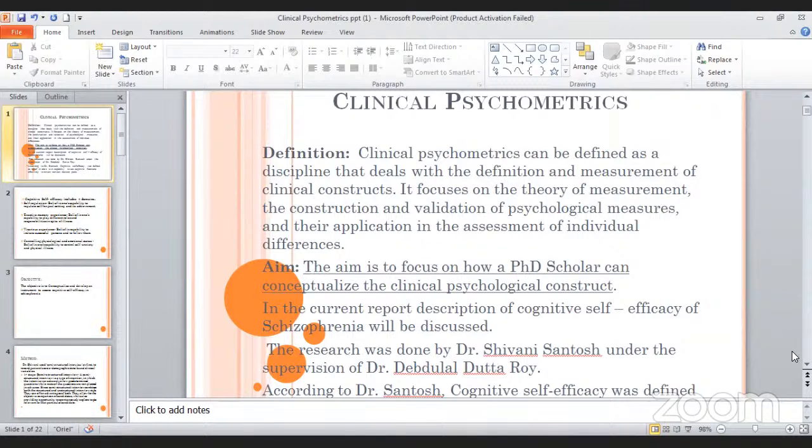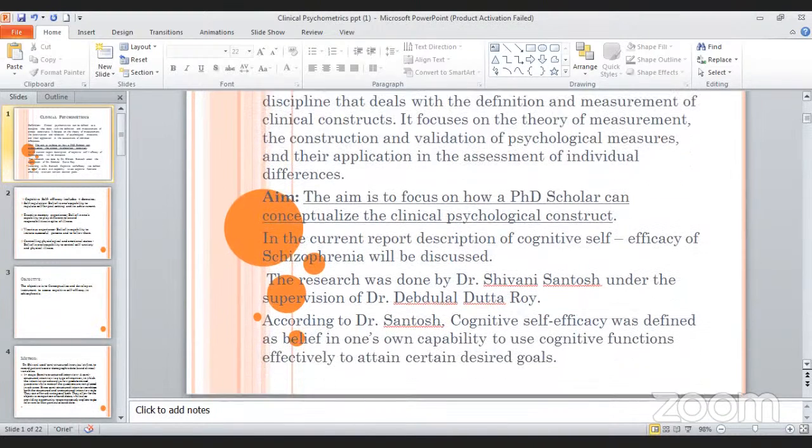Cognitive self-efficacy of schizophrenia is what she has done. Can anyone tell me what cognitive self-efficacy is?